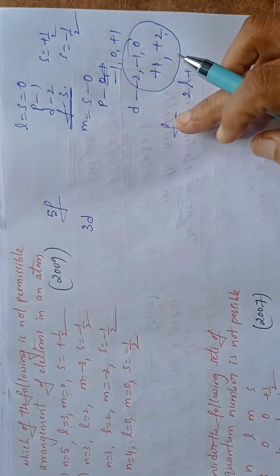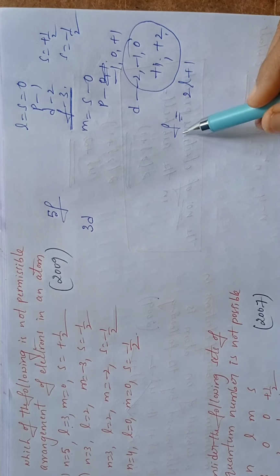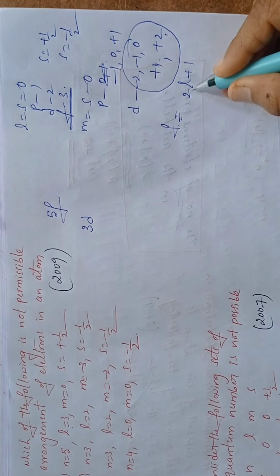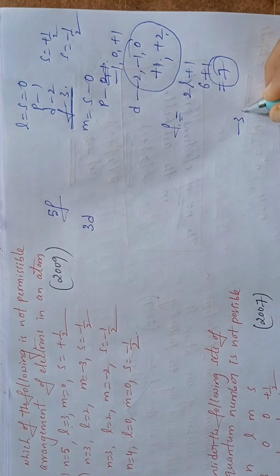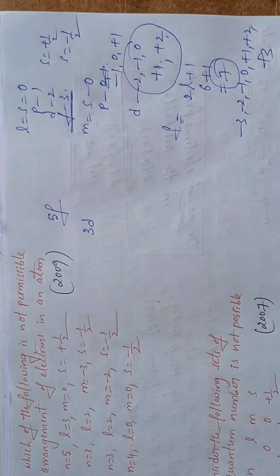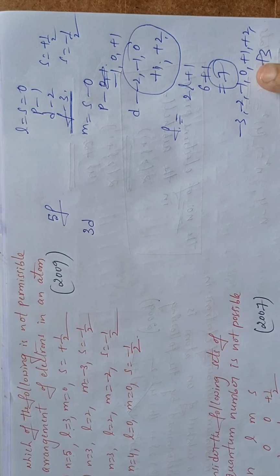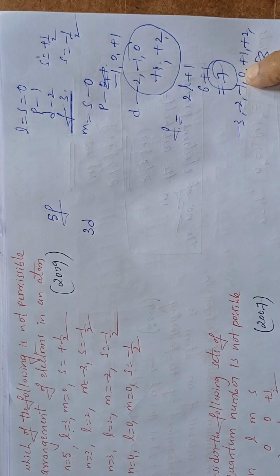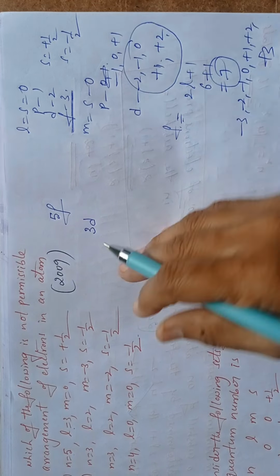We are taking the F subshell, so L value for F subshell is 3. 2 times 3 is 6, plus 1, 7. You will get 7 values. That means -3, -2, -1, 0, +1, +2, +3. That means M value 0 is possible. Correct? So M value 0 is there in F subshell, and S value plus half is also possible.